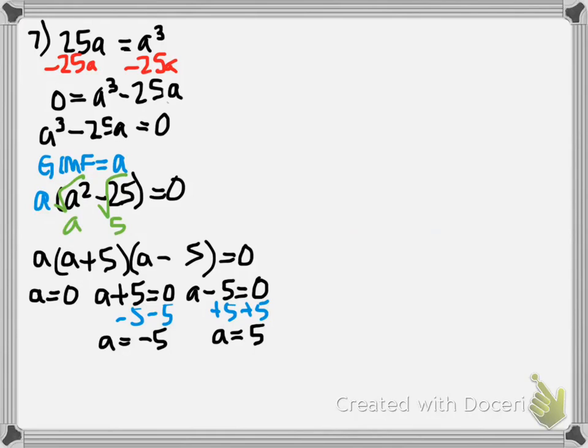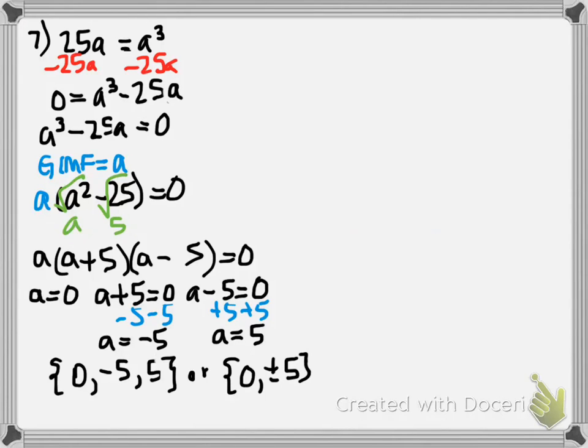So this is one of those occasions where we have 3 good answers, and we have 2 options when we have an answer that is the same number but opposite signs. We can use that plus minus. So we could also write this as the solution set contains 0 and positive or negative 5. So those are 2 ways to write the same answer.